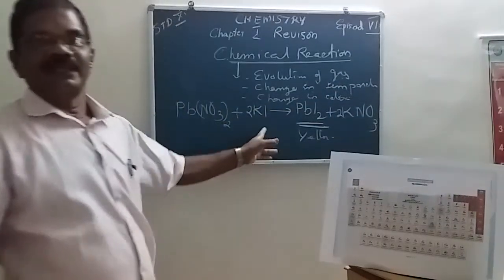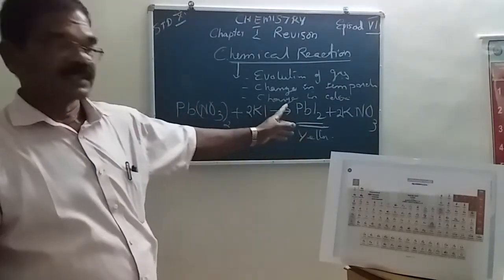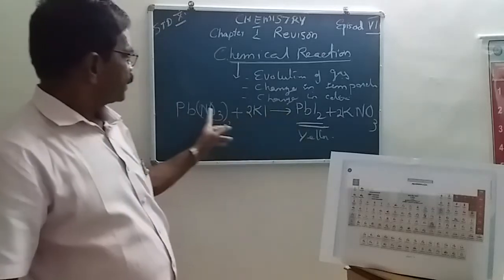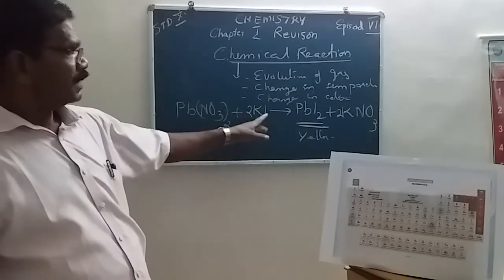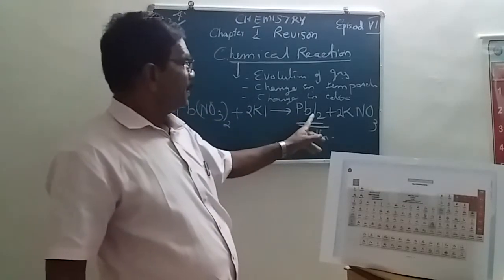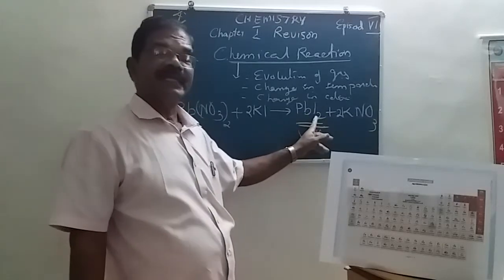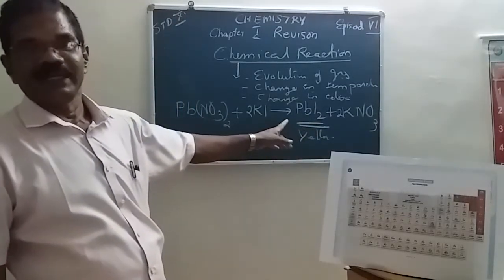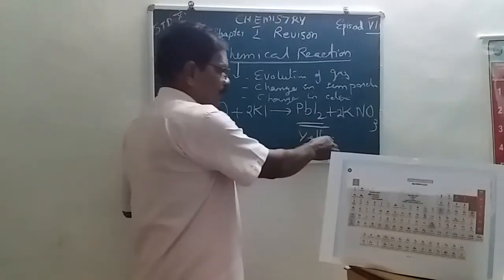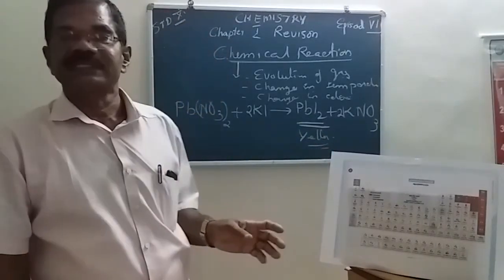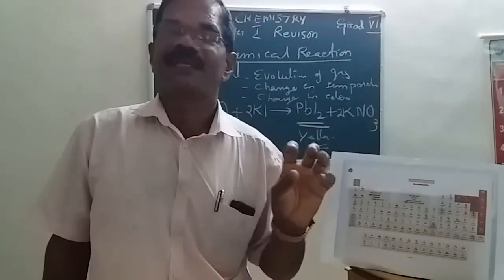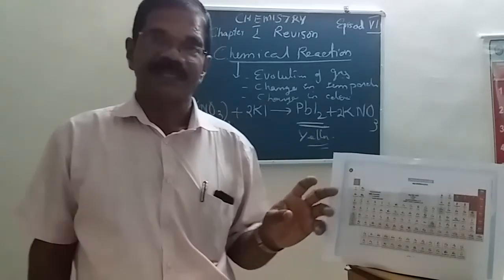In this reaction, you have noticed two things. One, change in color. The lead nitrate is white, and at the same time, the yellow precipitate of lead iodide is formed. Yellow precipitate: the insoluble substance produced in a chemical reaction is known as a precipitate.